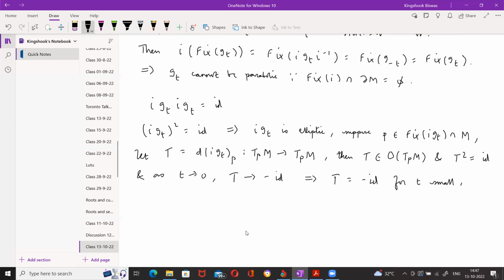So then IGT must be a Cartan involution, right? It would be I sub P, right? For t small.